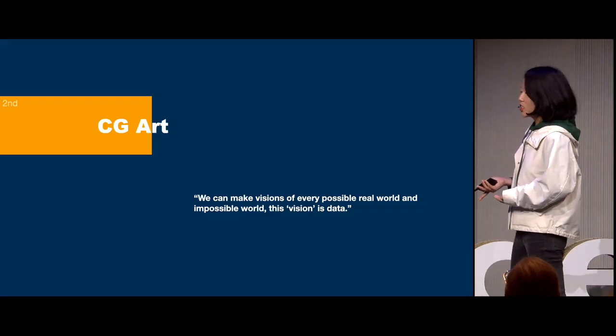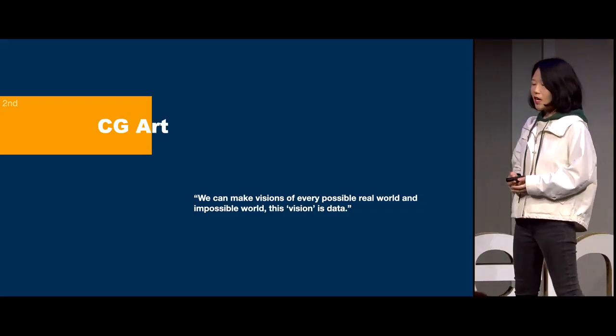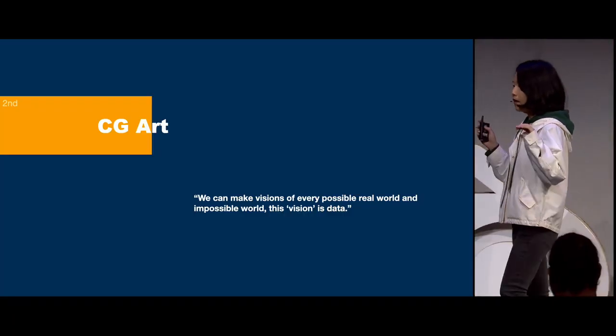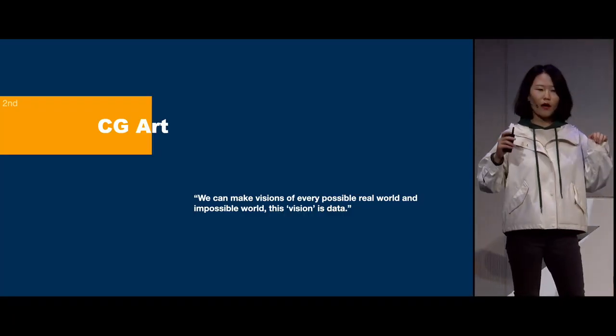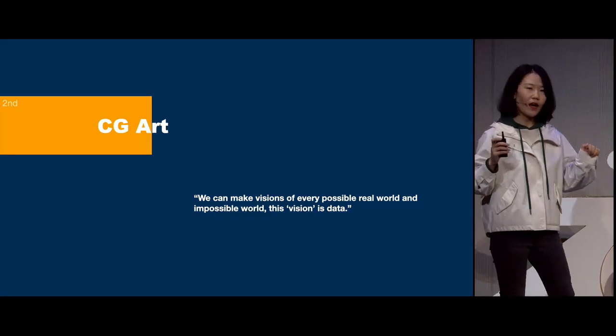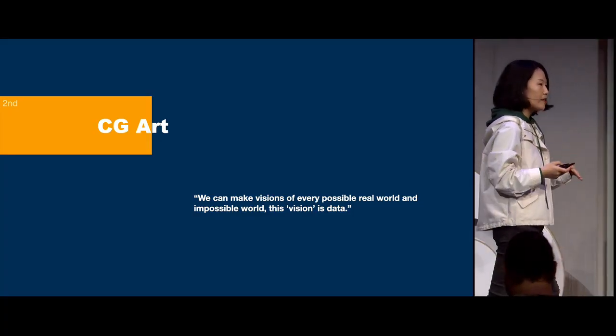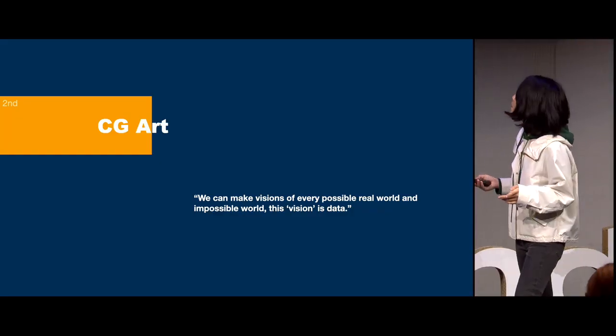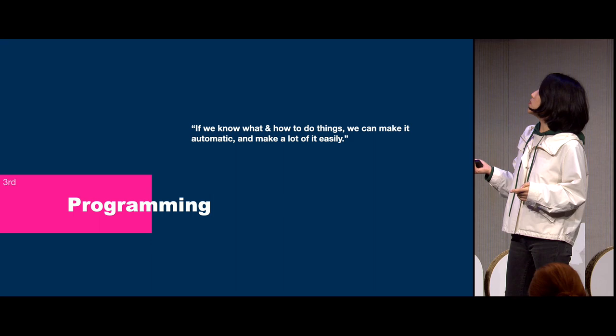The second view is the CG art view. For our CG artists, it is very clear that we can create a vision about all possible real worlds and other impossible worlds. And this kind of vision is actually a kind of data. The third view is a programming view.